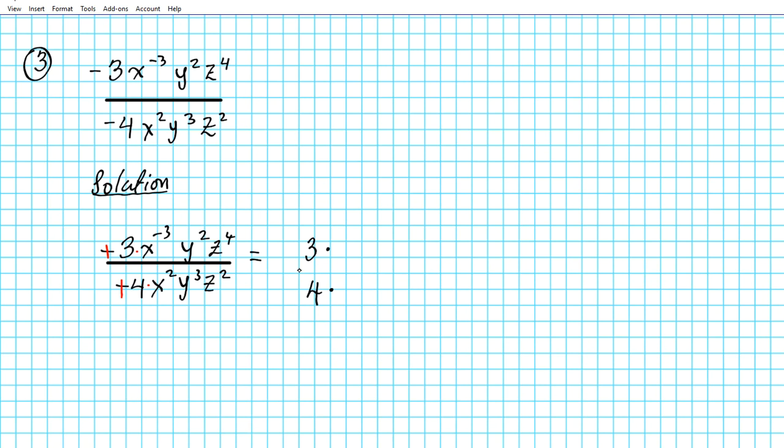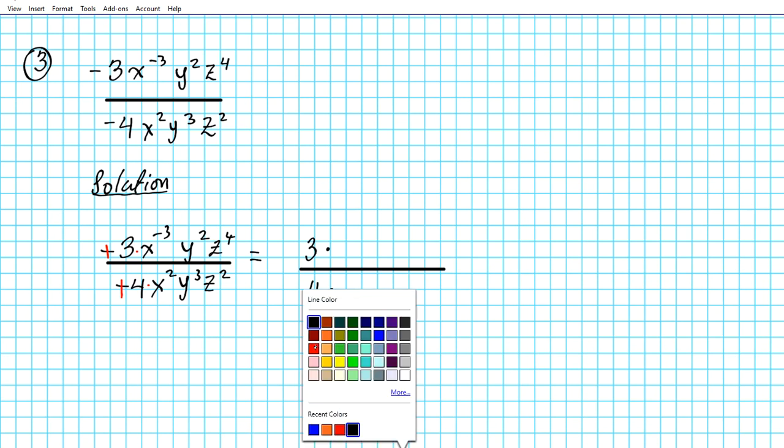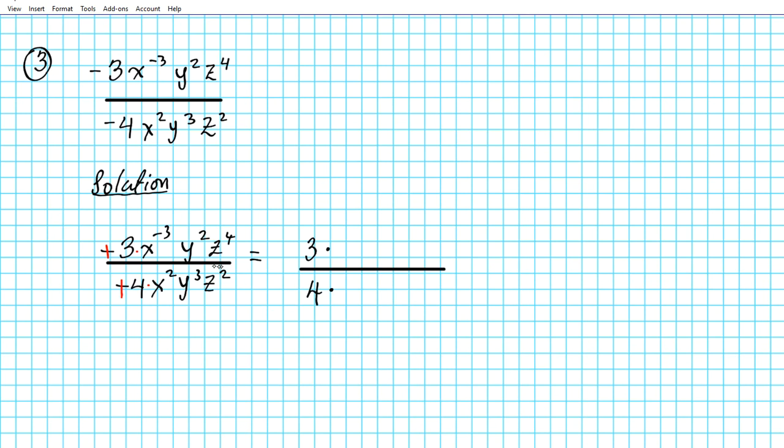Okay, now let's move on to x. We have x to the negative 3 in the numerator and x squared in the denominator. So the question is, which one is smaller? X to the negative 3 has a smaller power than x squared. So what we're going to do is cancel this out or divide it out and subtract it from the denominator, because it's bigger.